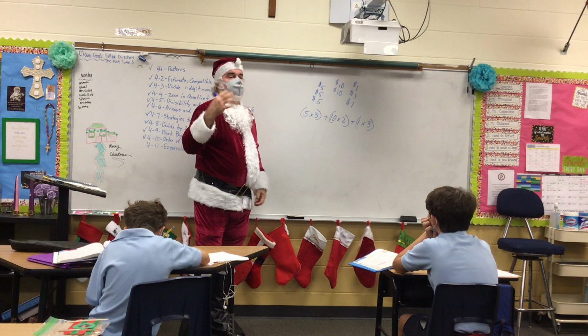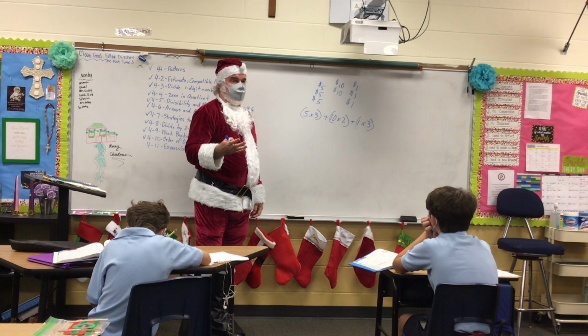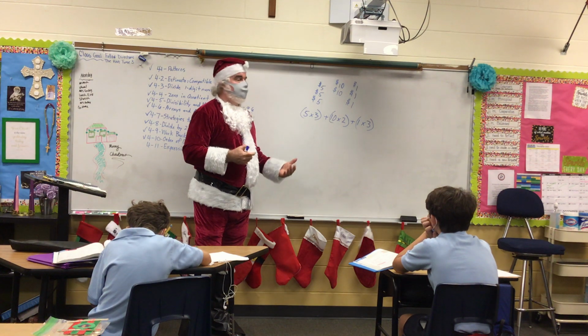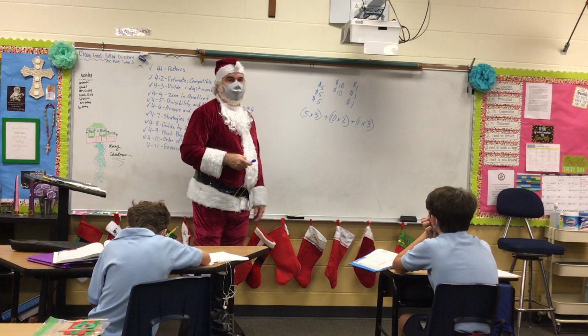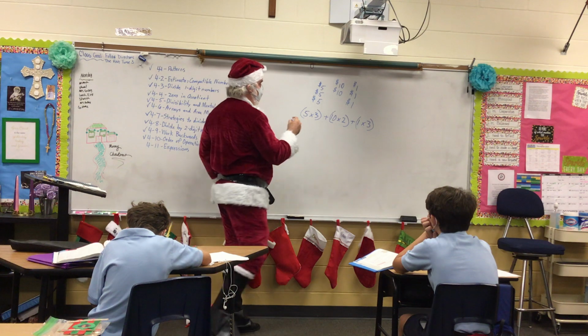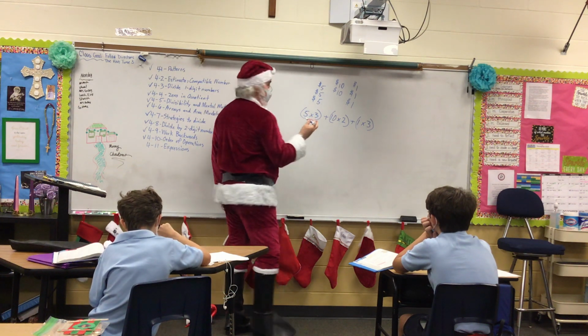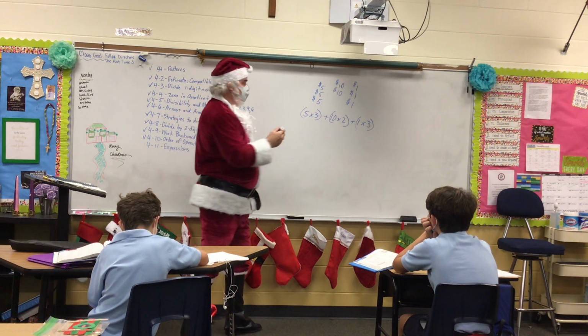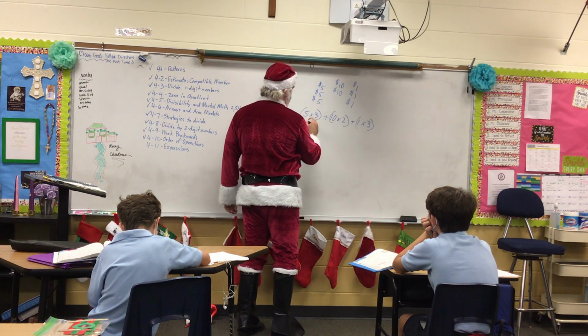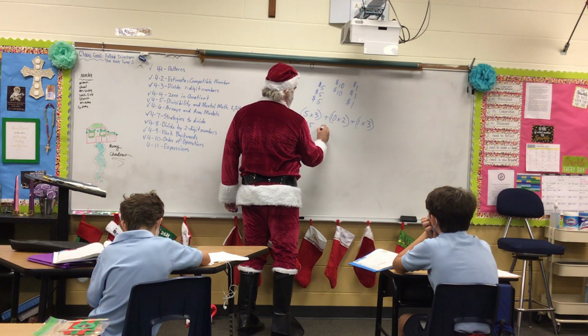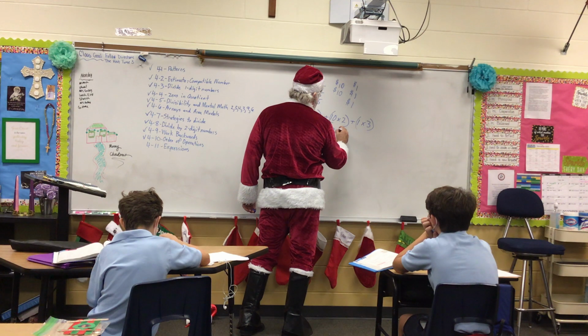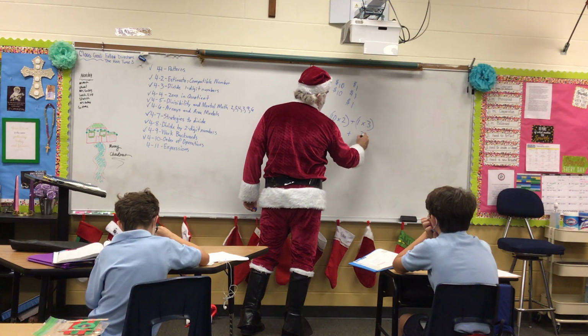Okay? If it says to simplify it, then you're gonna answer it. So how much money do you have? Well, in order to figure it out, order of operations says that we do parentheses first. So you got 15 plus 20 plus 3.